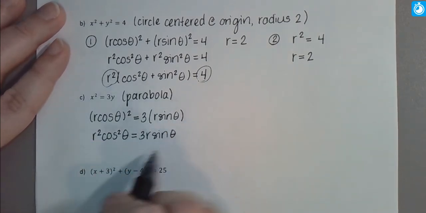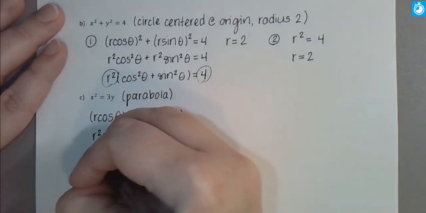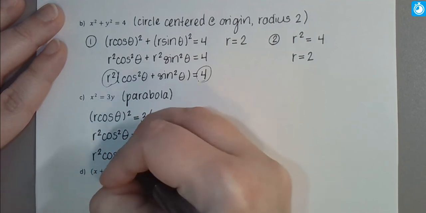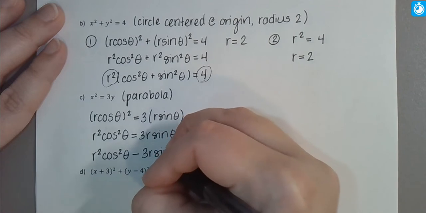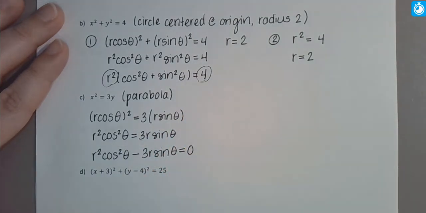So I need to subtract this entire term and move it over. So that's going to be r squared cosine squared theta minus 3 times r times sine theta, and that's equal to 0. Okay, we now have a common factor of r.